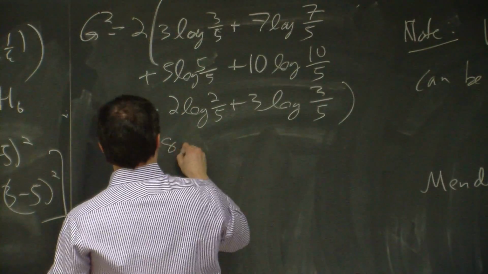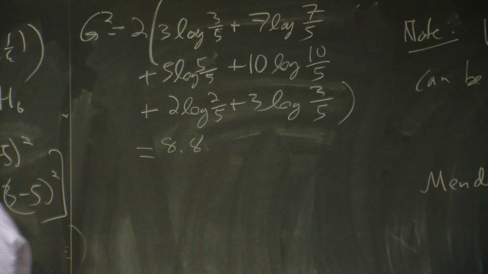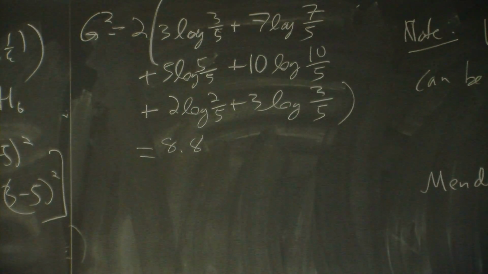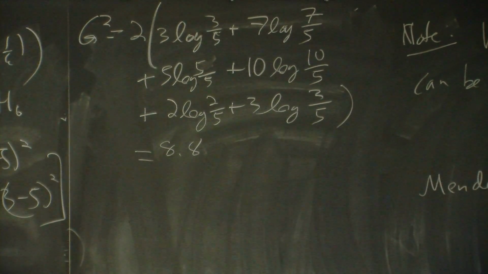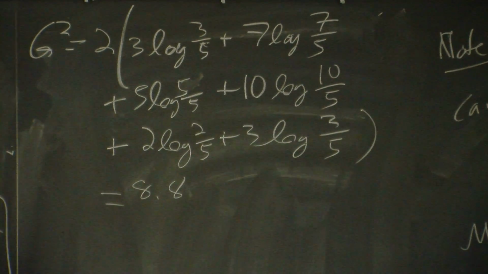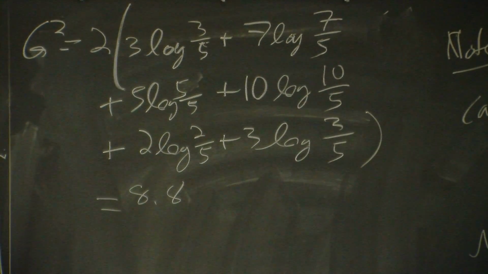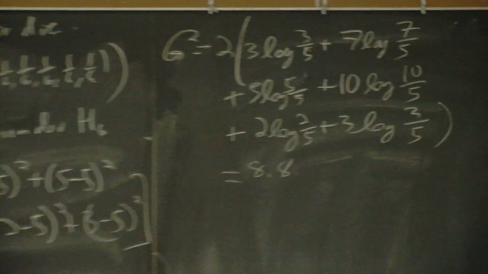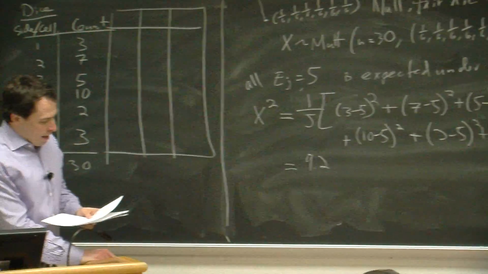That's 8.8. Okay, great. So they're close, but not equal. And remember that we're comparing them against the same asymptotic distribution. We expect them to be close if n is reasonably big, which it sort of is here. There are some cells that are below 5, but okay.